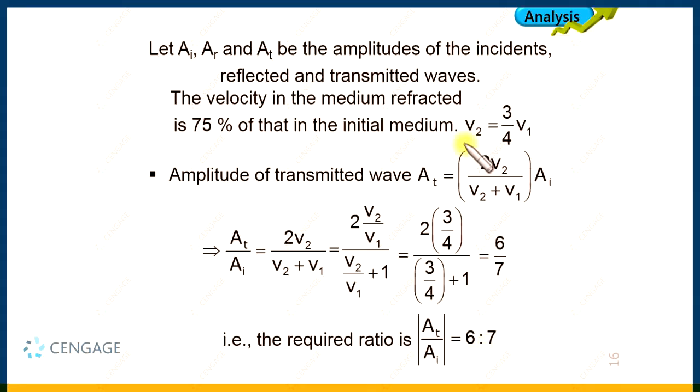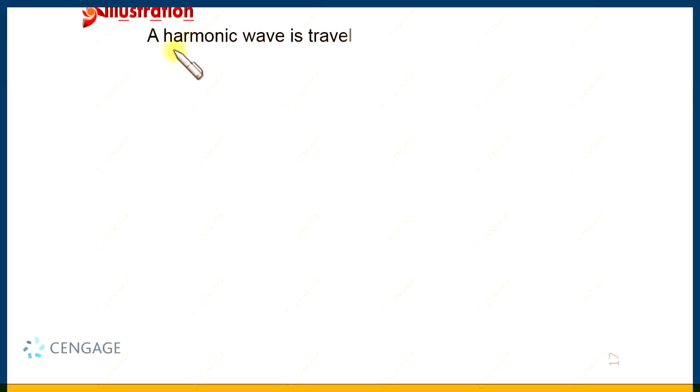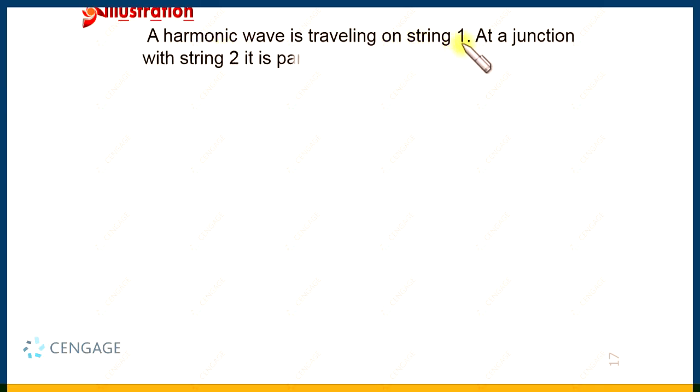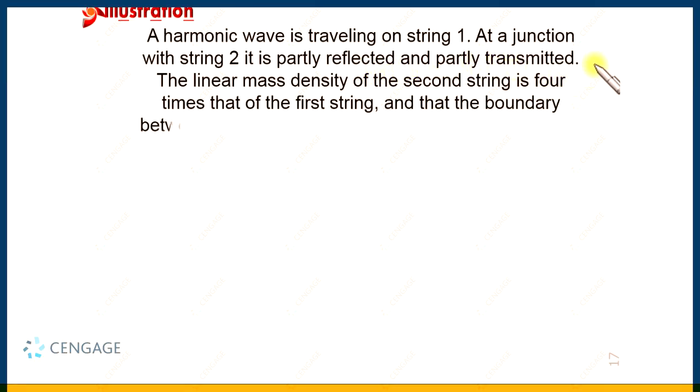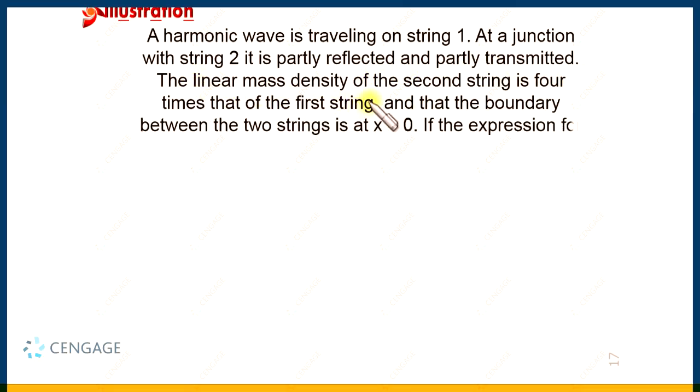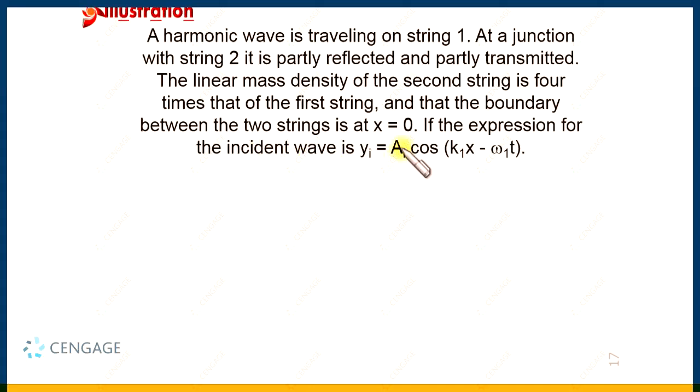Okay. Now let us take another illustration. In this illustration, a harmonic wave is traveling in string 1. At a junction with string 2, it is partially reflected and partially transmitted. The linear mass density of the second string is 4 times the first string, and the boundary between the two strings is x equal to 0.